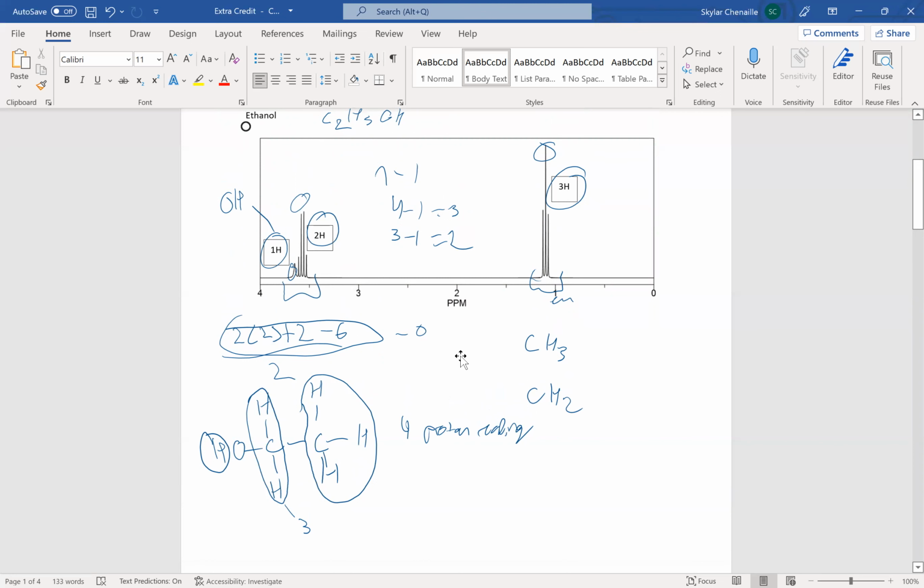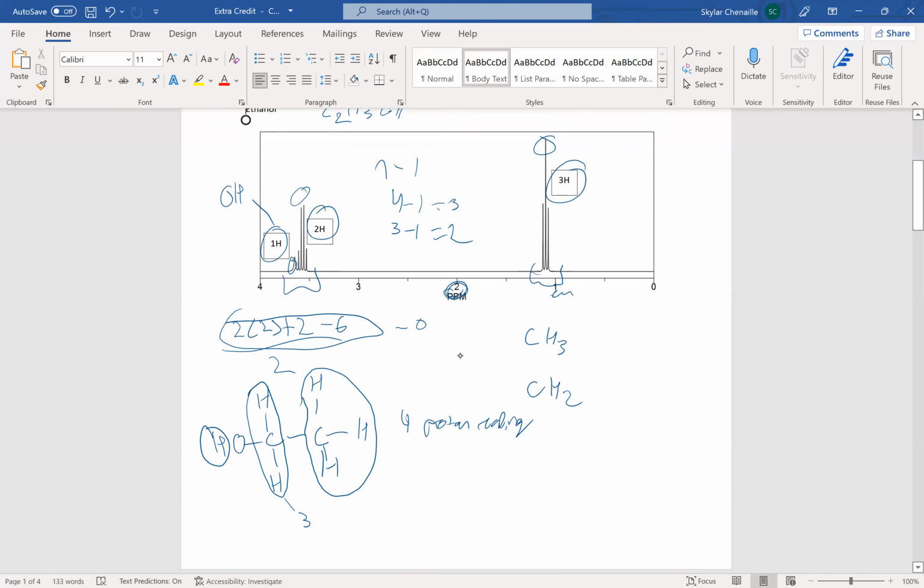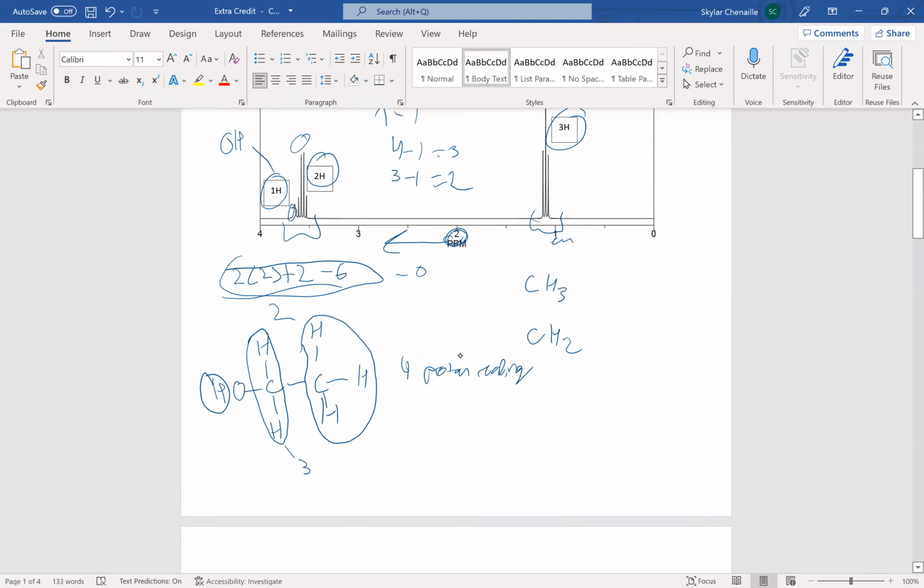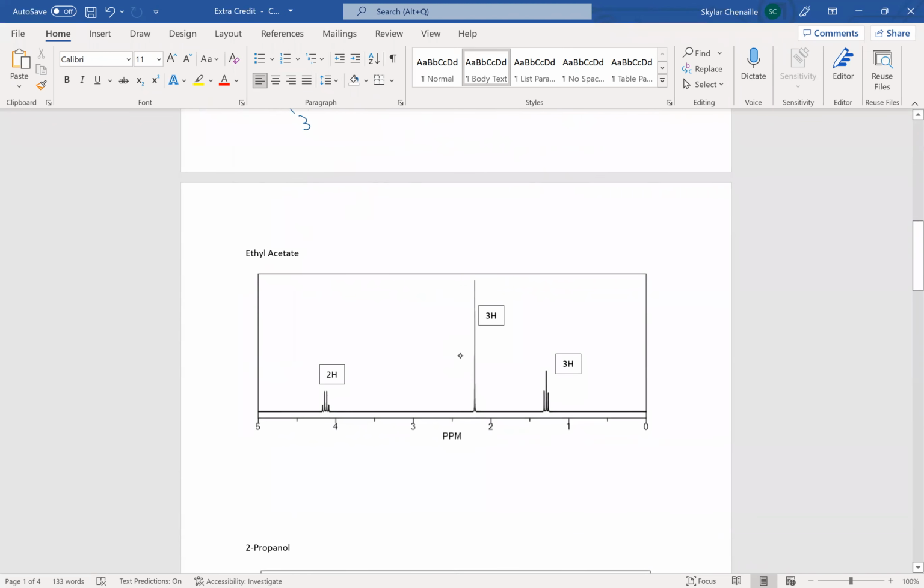A good estimate for where to call it as something else externally influencing it is usually after the 2 ppm mark. Everything this way usually has something else pulling it downfield. Okay, so let's move on to the ethyl acetate.